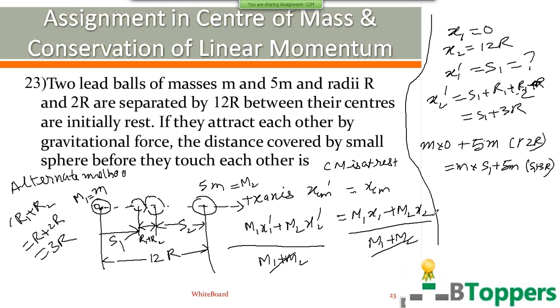Simplify this, and you can see from the figure that S1 plus r1 plus r2 plus S2 is 12r. From here you get 5 into 12r equal to 6S1 plus 15r. From the figure you can observe that S1 plus r1 plus r2 plus S2 is 12r.